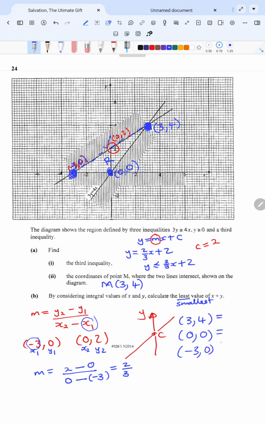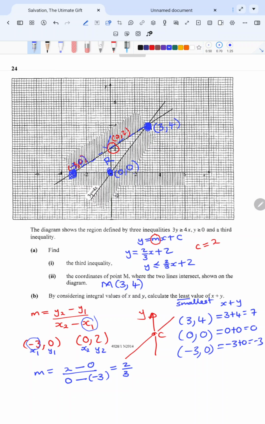You are going to substitute each and every point in the expression x plus y. So (3, 4) gives you 3 plus 4, which equals 7. (0, 0) gives 0 plus 0, which equals 0. (-3, 0) gives -3 plus 0, which equals -3.